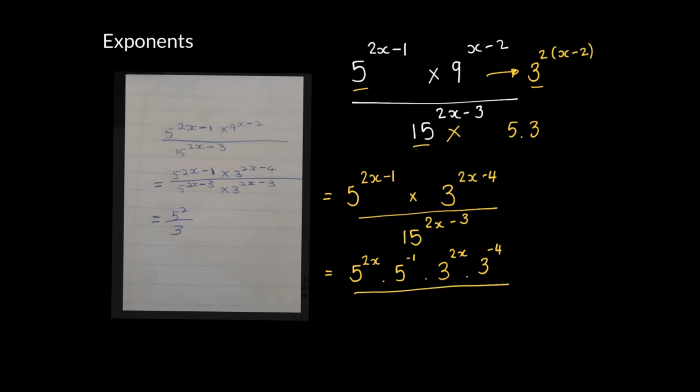All of this divided by 15 to the power 2x multiplied by 15 to the power negative 3. And then in this case, we can definitely rewrite our 5 to the power negative 1 and 3 to the power negative 4, because it's going to give us an answer that we can actually work with. Okay, so let's see what that looks like.